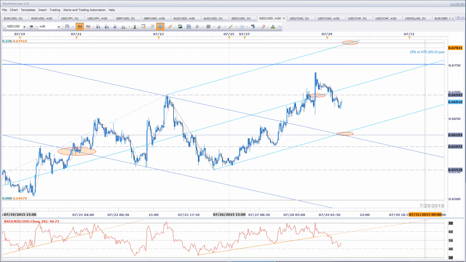Yesterday afternoon, right after the close of U.S. trade, Wheeler comes out with the same exact, it seemed like it was copy-paste from his speech at the last interest rate decision.